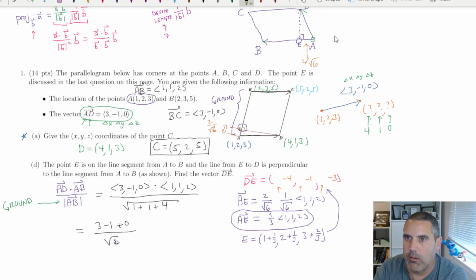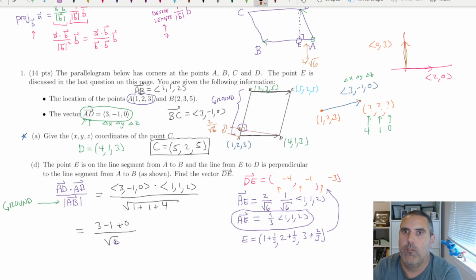Let's run a few scenarios here if we're confused by what I just said. Let's take examples that we can use, and this is something you could do if you really were struggling on a test. Let's just take examples that are on the axes. So how about this? 0, 3, 2, 0.